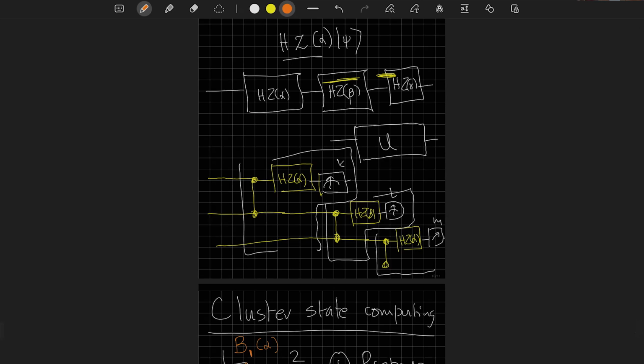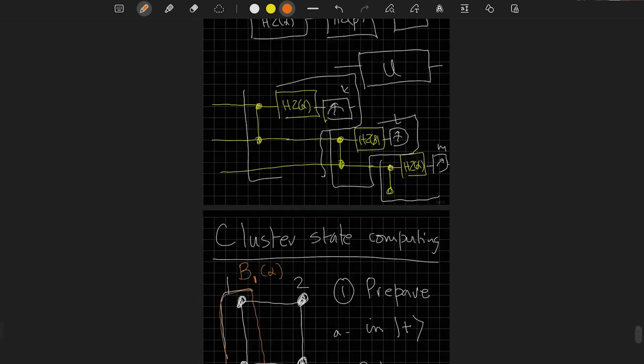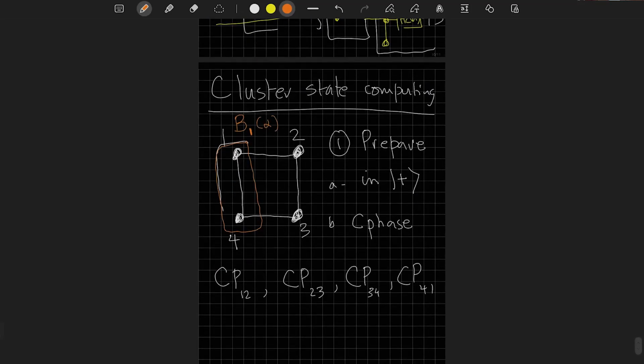So you measure the photon in a particular basis. It's easy to implement measurement in a particular basis by quarter wave plates and half wave plates, and then do the measurement. It's easy to do. So in the first stage of the algorithm, you measure photon 1 and photon 4 in their respective bases.